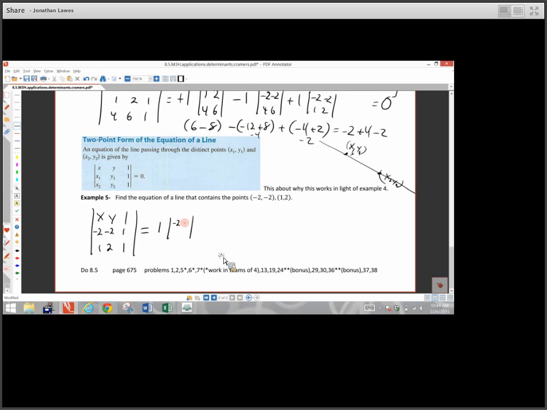Wouldn't it be the top row if we're finding the equation of a line, instead of having the x and the y? It's not going to matter. It'll work either way. You can do the first row if you want. In fact, go ahead and do the first row. Cross out the row and column.